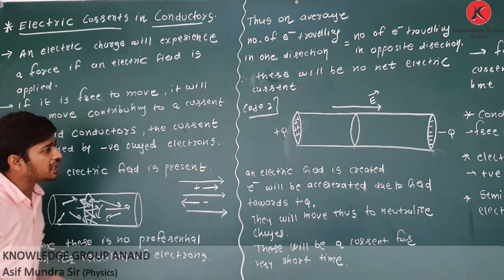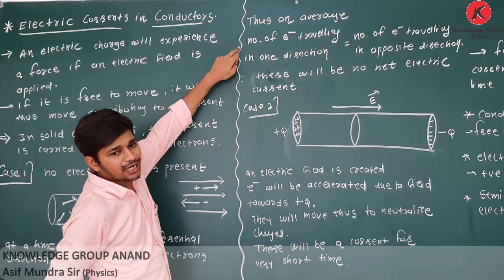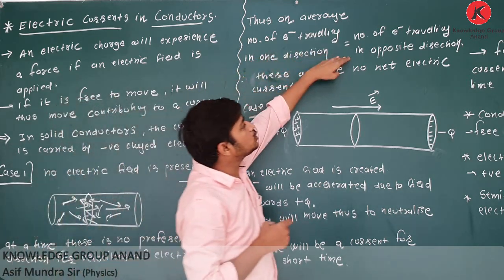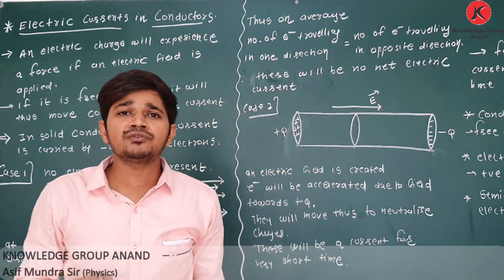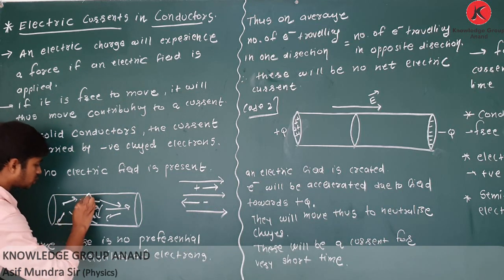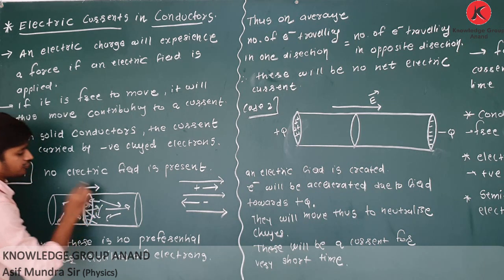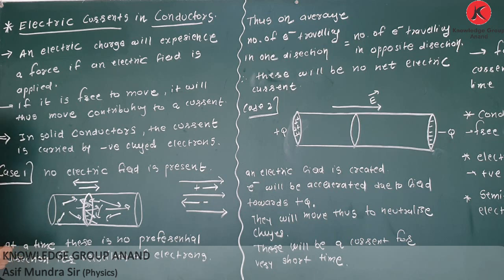So, on an average, we can say the number of electrons traveling in any direction is equal to the number of electrons traveling in the opposite direction. For random motion, we can take probability. Suppose from this cross-sectional area, the number of electrons moving in this direction and in the opposite direction are equal.